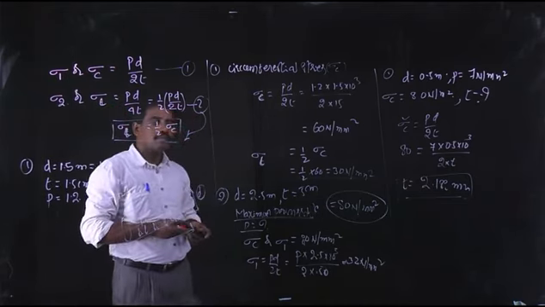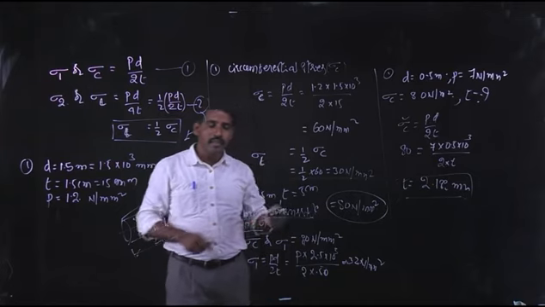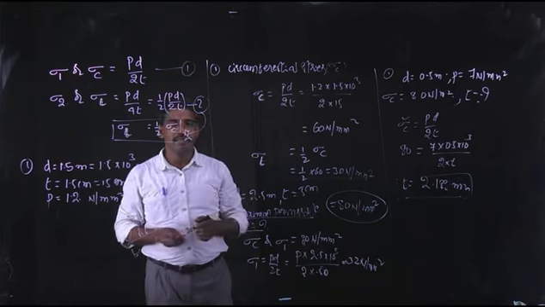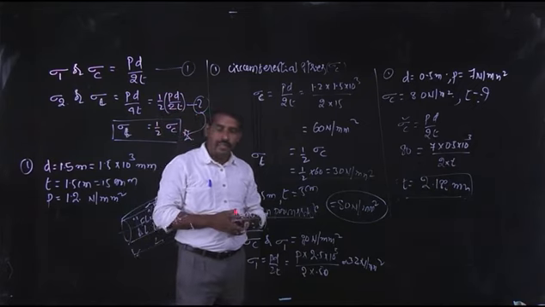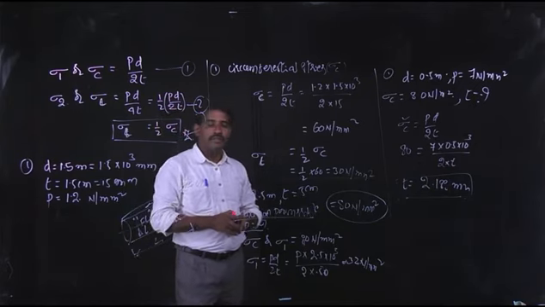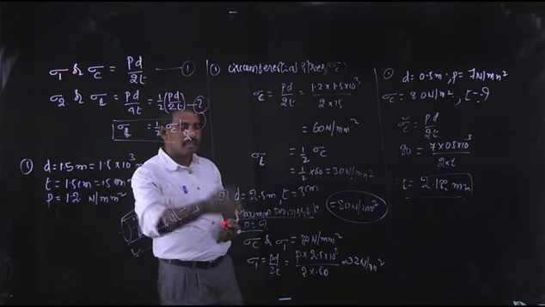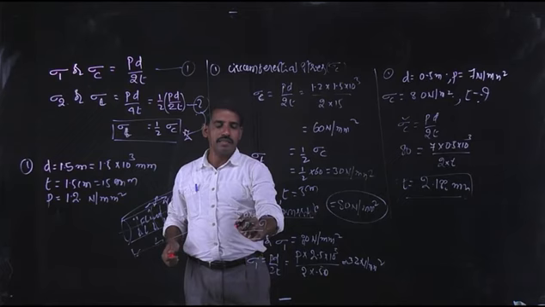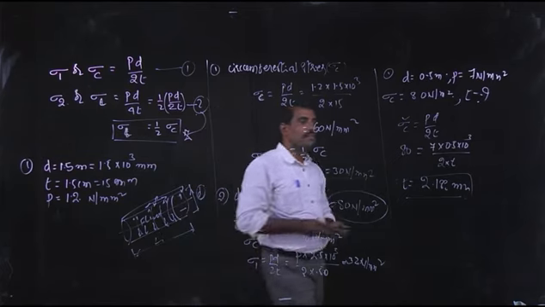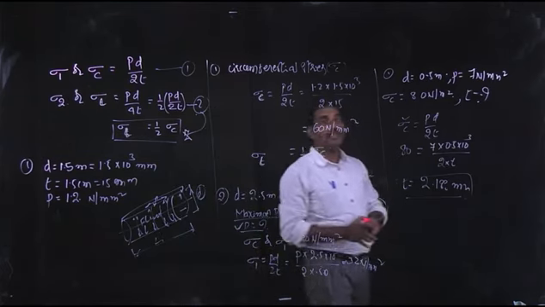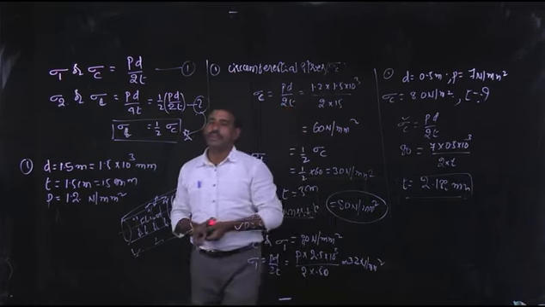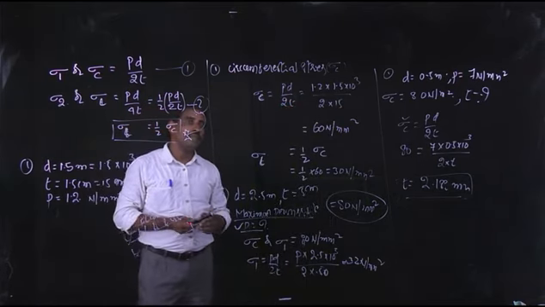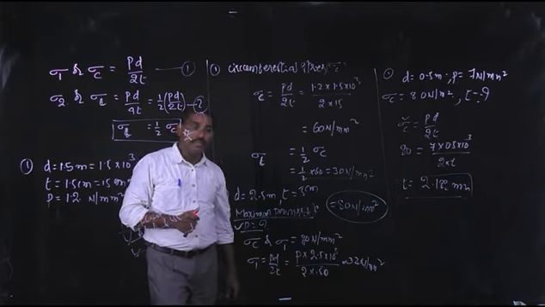If the maximum permissible stress is given, it means the maximum stress induced circumferentially. Based on that concept we can find out the unknown value, which is P, and then you can find out T. It means by using these two equations we can find out any one of the dimensions for analysis.